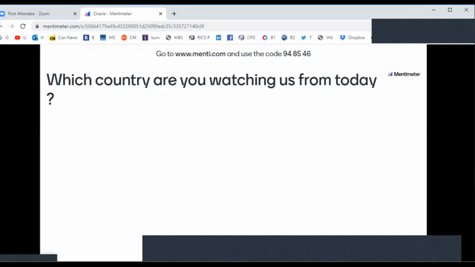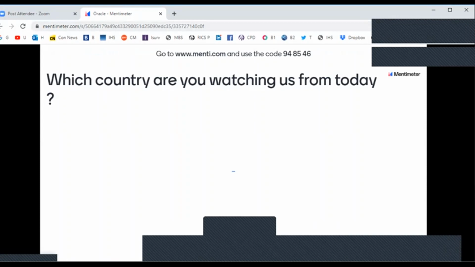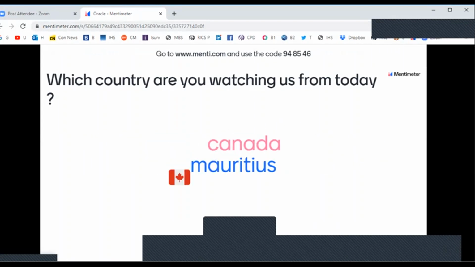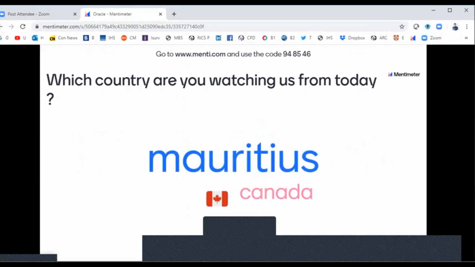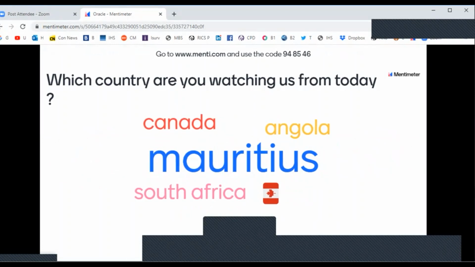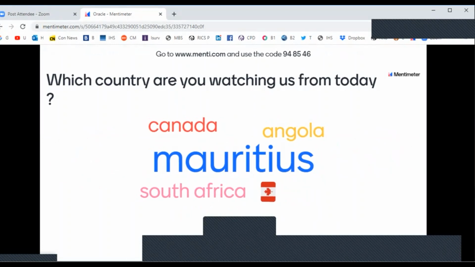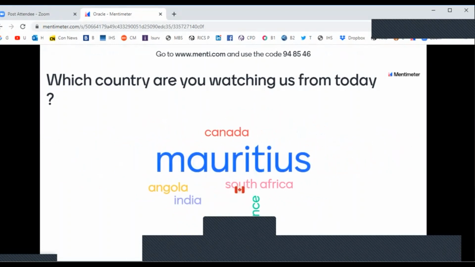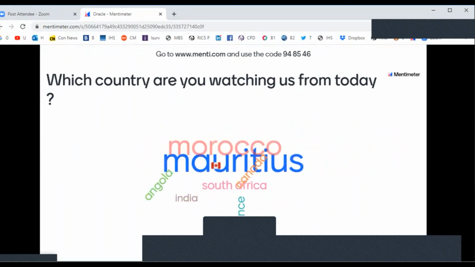And there's Canada. Even the panelists can try as well, just to gauge interest of where you're from. So menti.com, code 948546. Already we've got a few colleagues coming in, and in Mauritius, I know 80% of you are from Mauritius. Put the district or the town where you're from.